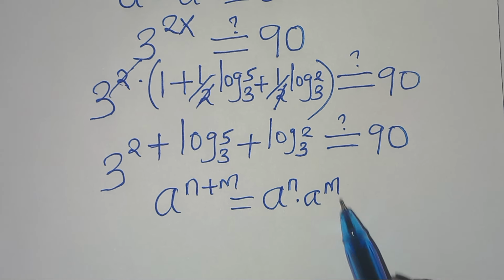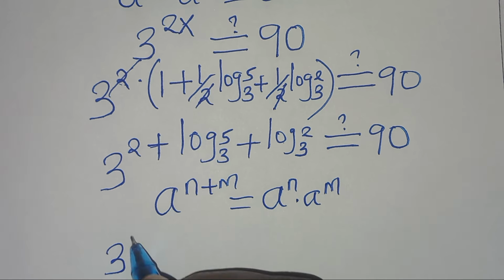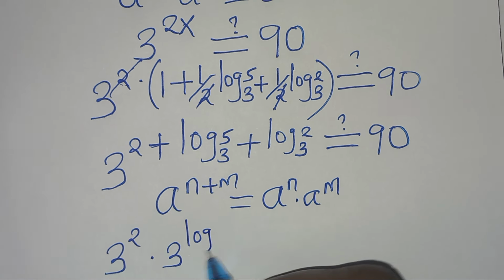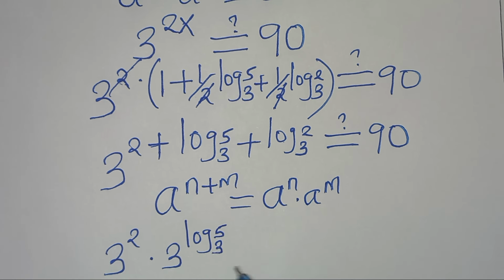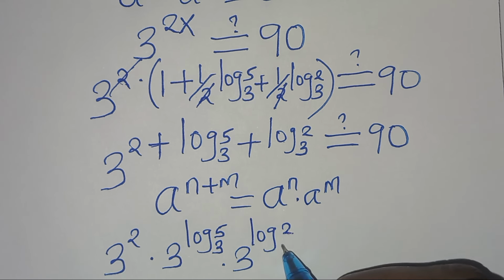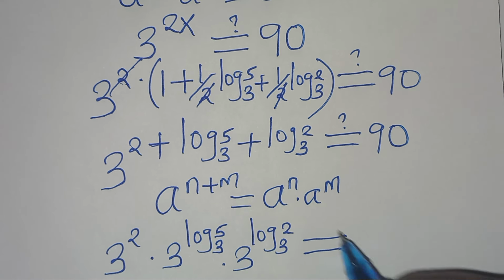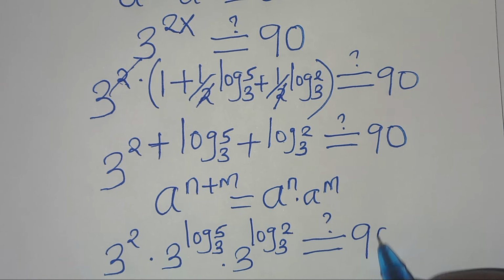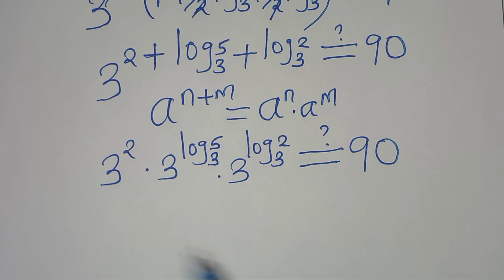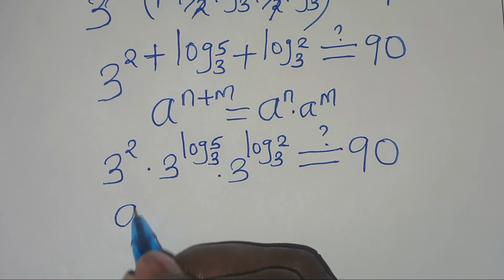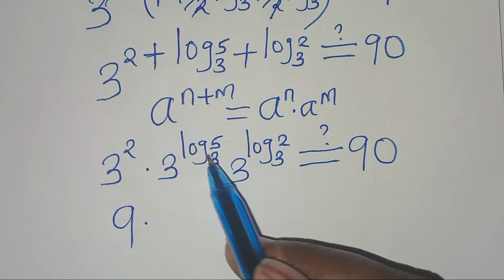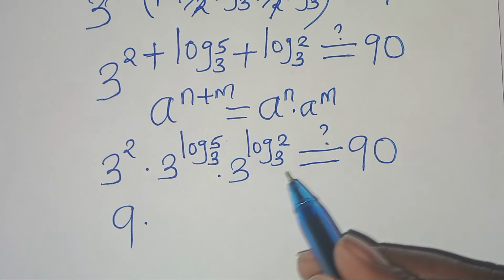Applying this exponent property, we have 3 to the power of 2 multiplying by 3 to the power of log 5 to base 3 multiplying by 3 to the power of log 2 to base 3. This is supposed to give us a value of 90. Now, 3 squared is equal to 9, multiplying by 3 to the power of log 5 to base 3 and 3 to the power of log 2 to base 3.